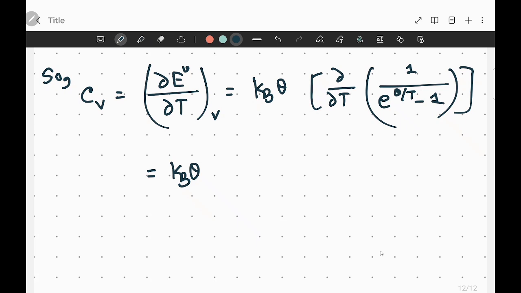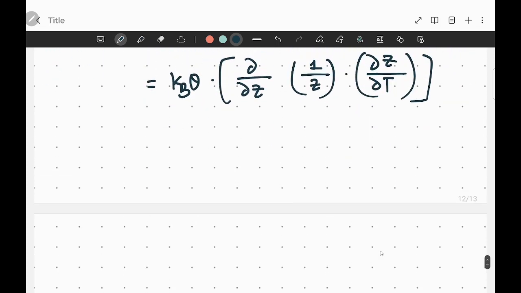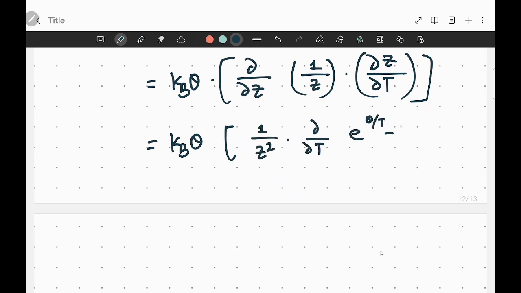So let's consider this as z. So it will be del by del z of 1 by z into del z by del t. It is kb theta, it is 1 by z square, and del t of z is e to the power theta by t minus 1. Let me consider z square right now.